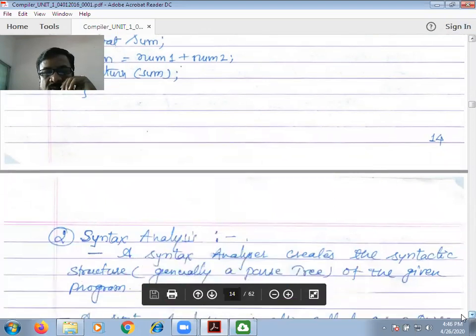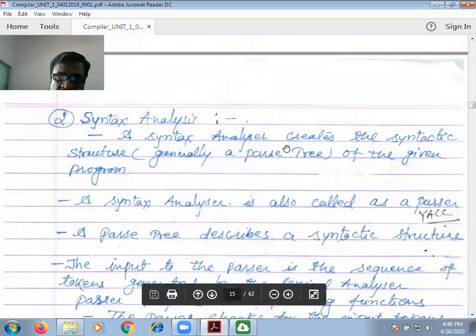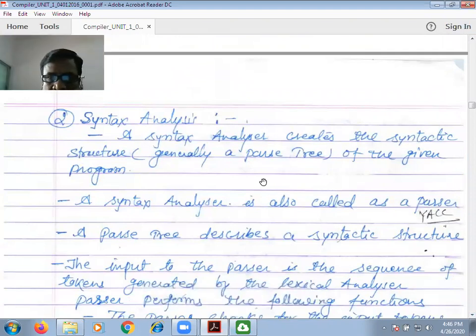The next block is syntax analysis. Syntax analysis performs the syntax checking, or it verifies the tokens, that is the output of the lexical analyzer. You can say that the output of the lexical analyzer is the input to the syntax analysis, and the output of the syntax analysis is a parse tree.